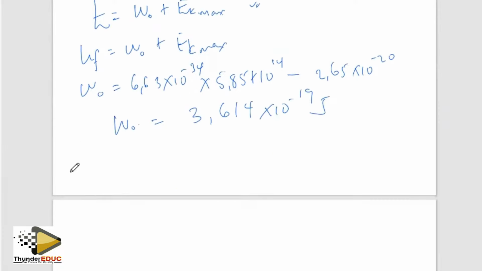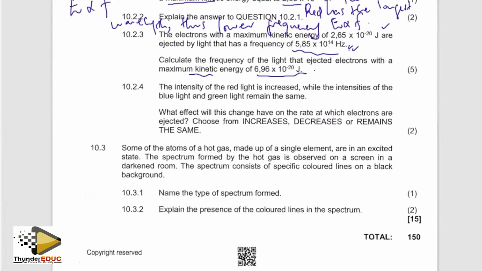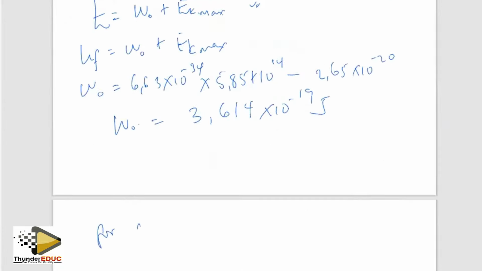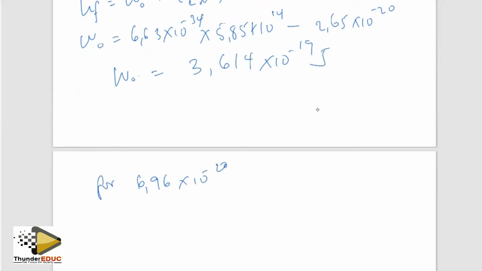Then I'll look at the other one, the maximum kinetic energy is 6,96 times 10 to the negative 20. So we need the frequency. From that same formula, we can say hf is equal to W naught plus EK max.